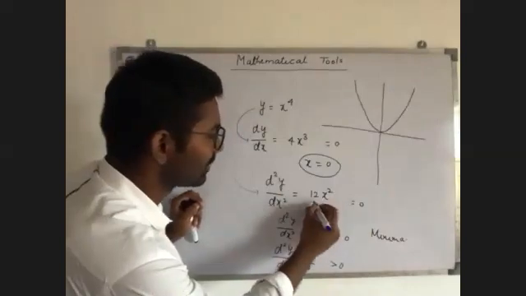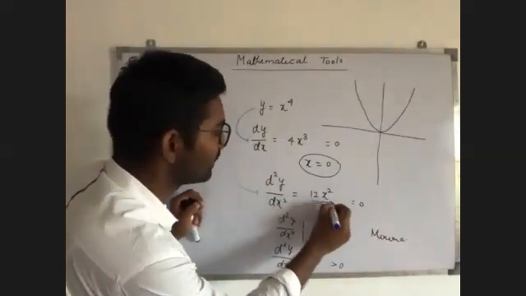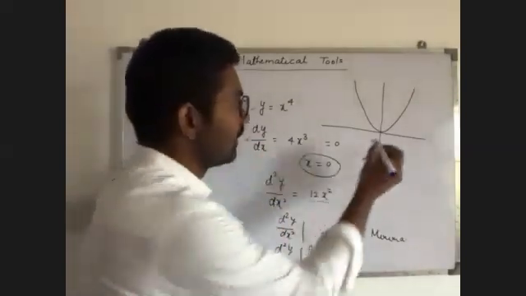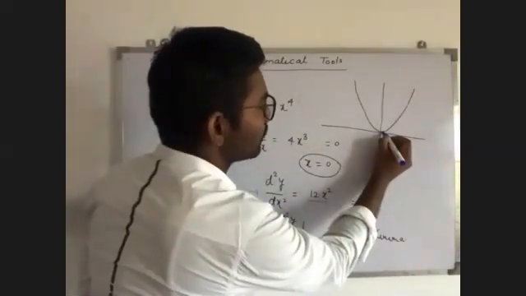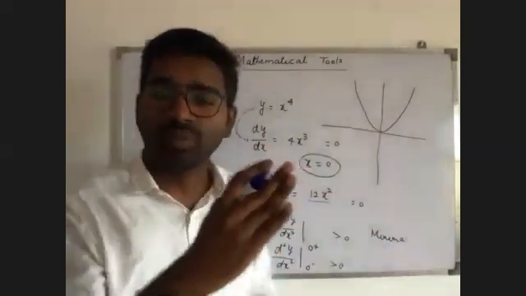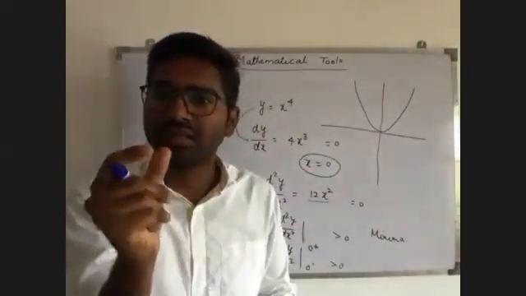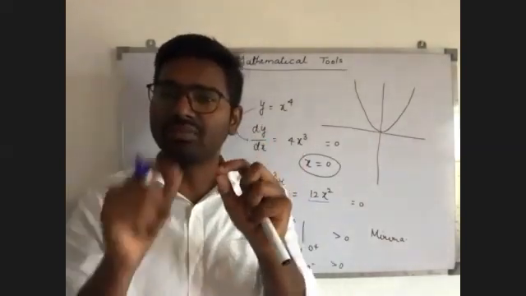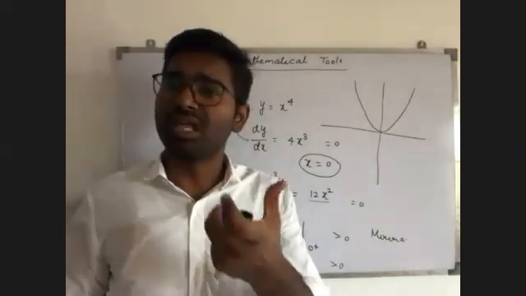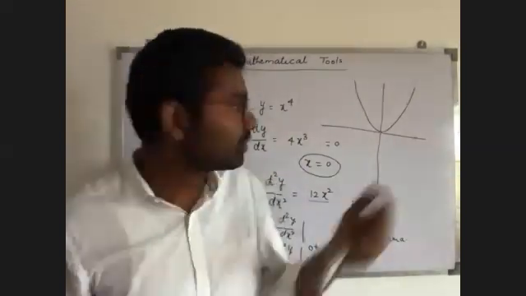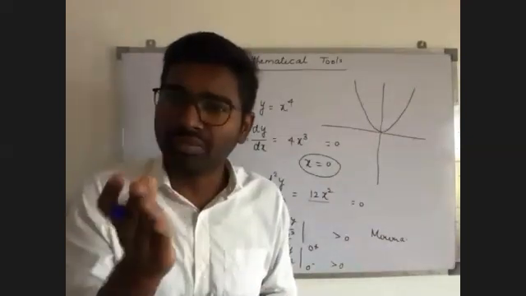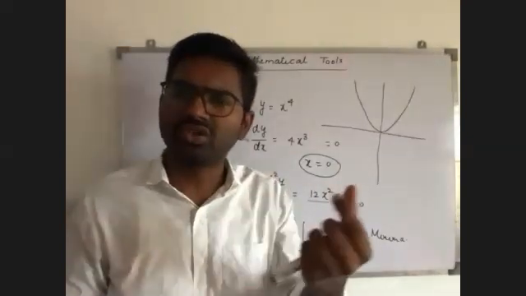d2y over dx square is 12x square. What will I calculate? If this is the origin, I will calculate here and here: 0 plus and 0 minus. 0 plus means a small positive number, like 0.0000 something, nearby 0, and 0 minus is nothing but a small negative number nearby 0, like minus 0.00.